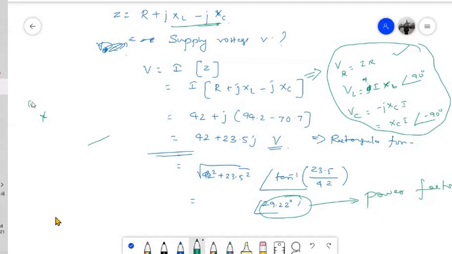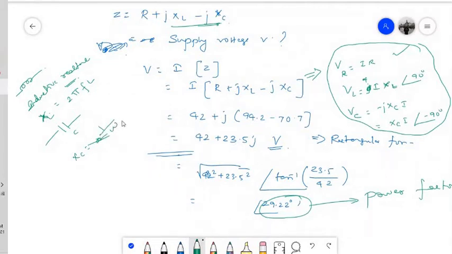I'm talking about only the inductor. Let's leave aside the resistor and the capacitor. In this case XL is nothing but 2 pi F into L, and this is your capacitor, and the impedance of this capacitor will be how much? 1 by omega C. So that is nothing but 1 by 2 pi F into C.